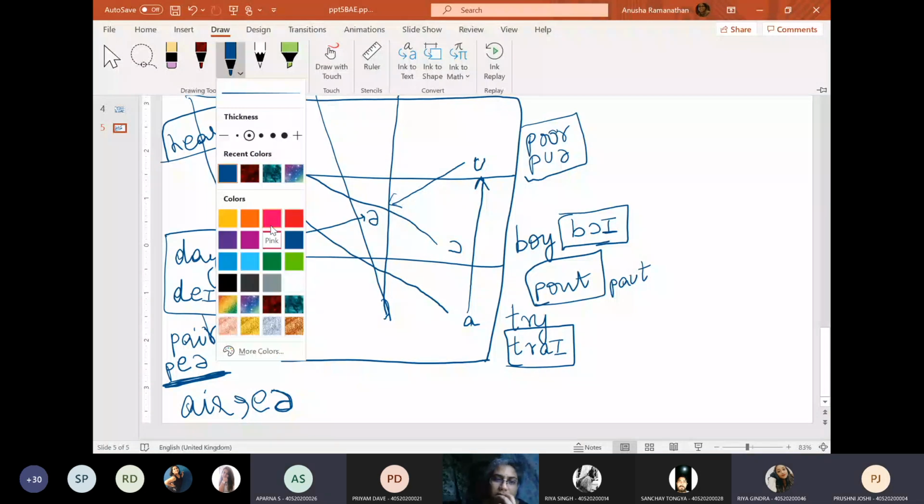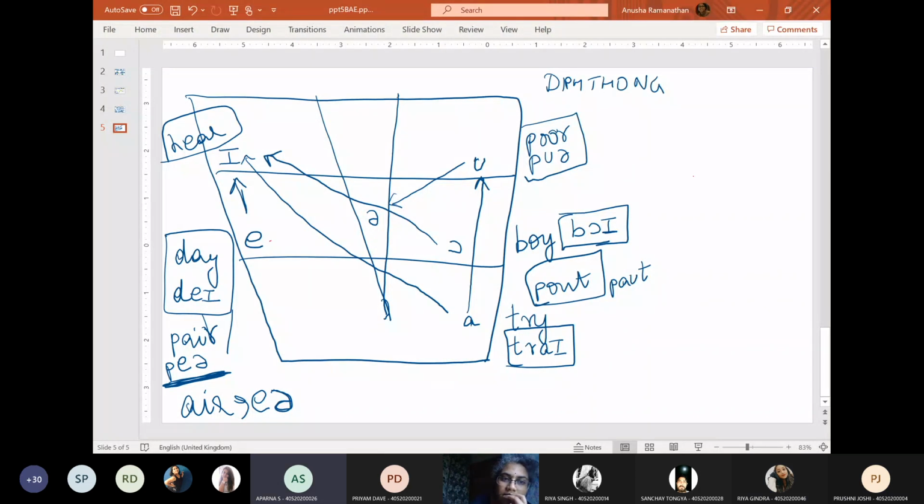From the center, E, to A, as in near. Yes, absolutely, that's how it goes. So I'm just going to try and make this more color coded so that you guys can get the color. It's easier then.